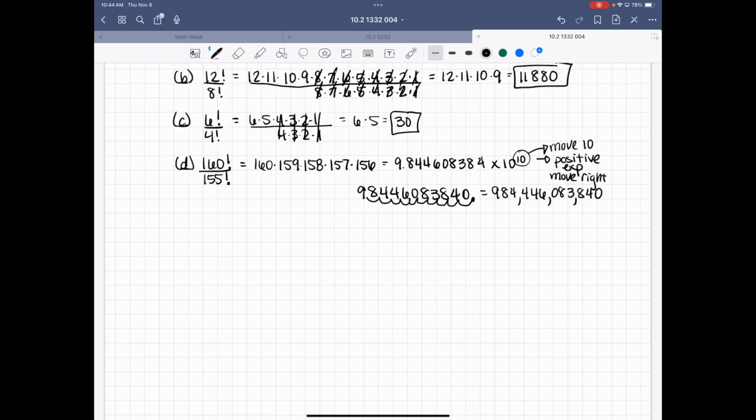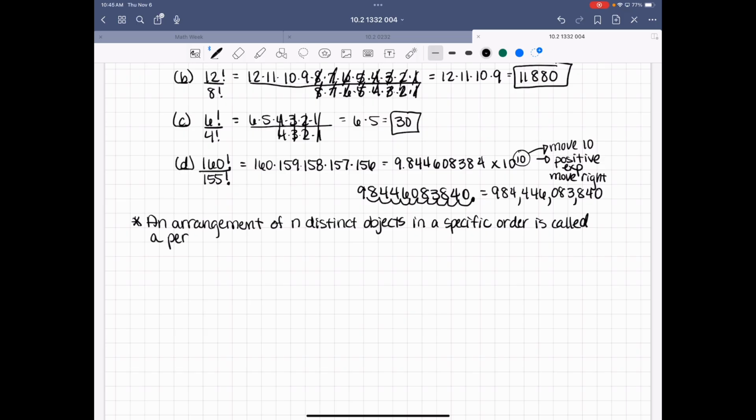All right. An arrangement of n distinct objects in a specific order is called a permutation of the objects.